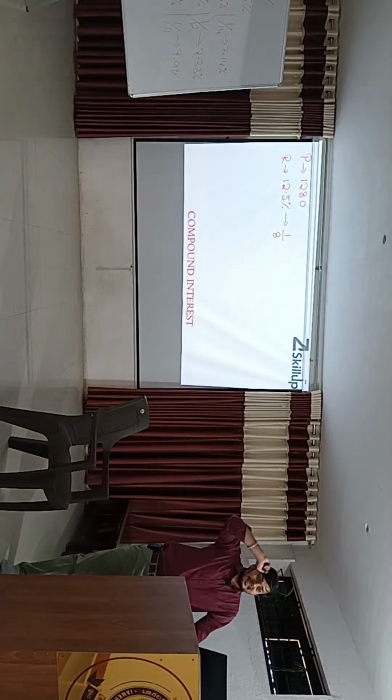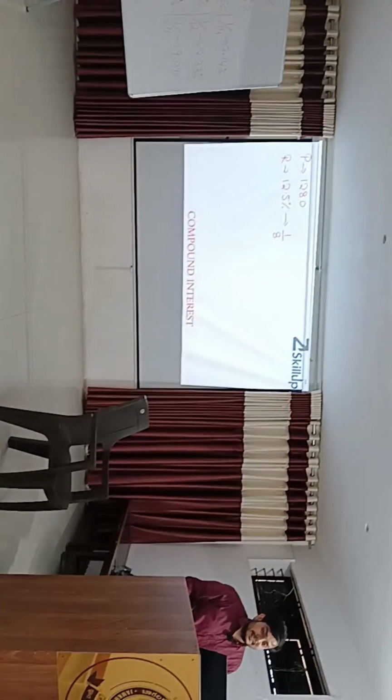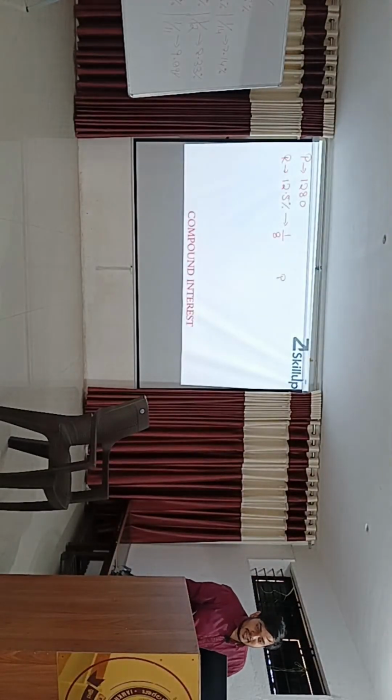It was in yesterday's class, if you have the notes, refer to it. If I give 8 rupees, how much will I get back? 9 rupees. Time period is 2, so square. 8 square, 9 square.